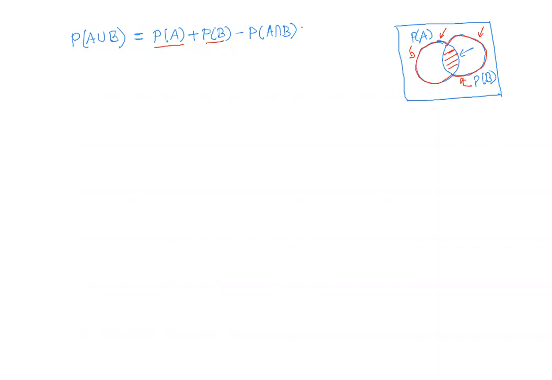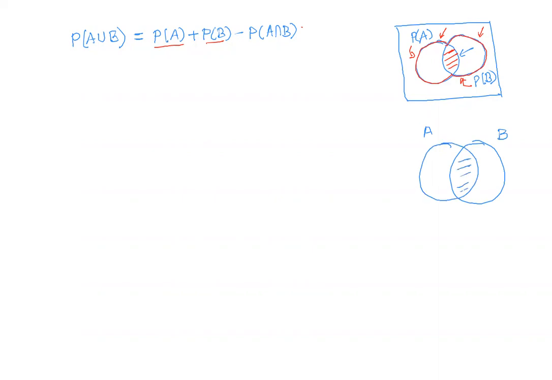Another way, instead of P of A, if we are dealing with two sets, just think of two sets A and B. This is the overlapped portion.